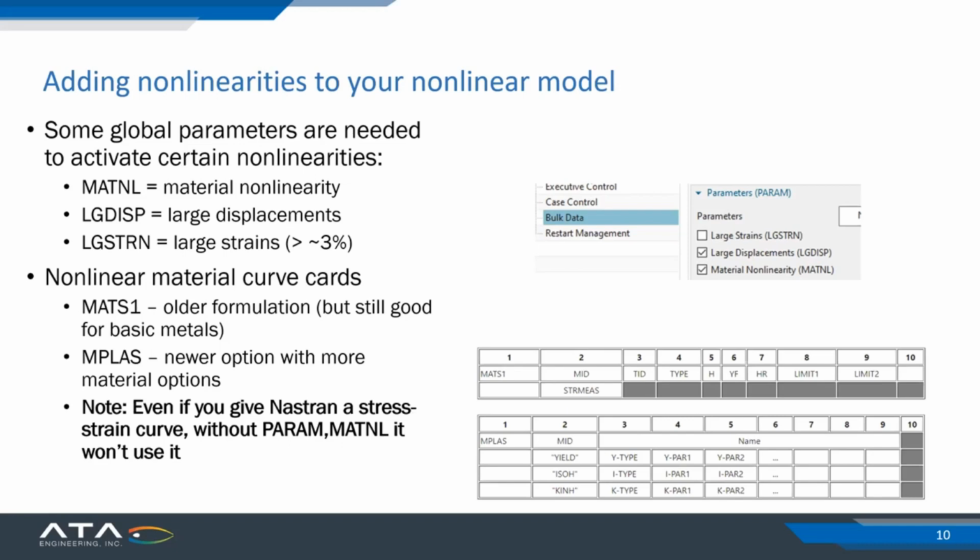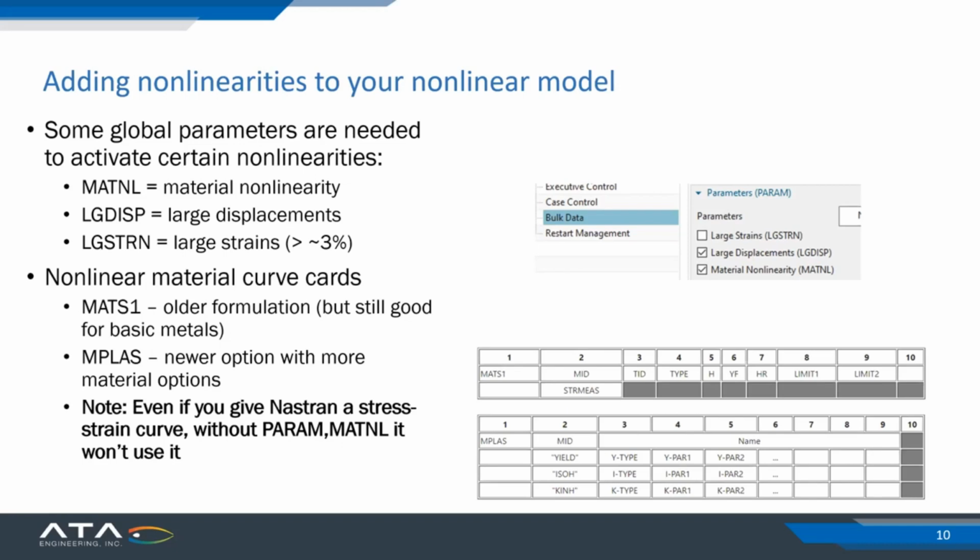They both are generally available or acceptable for basic plasticity, but MPLAS is a bit newer, so it has more options like doing gray cast iron models or Hill anisotropy type things, whereas MATS1 is more of your standard isotropic yield, von Mises yield criteria type laws that most people doing metal analysis are going to be dealing with.